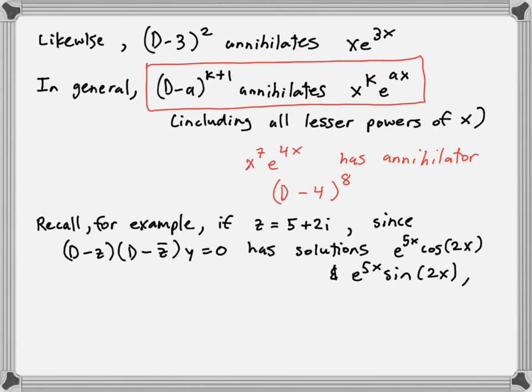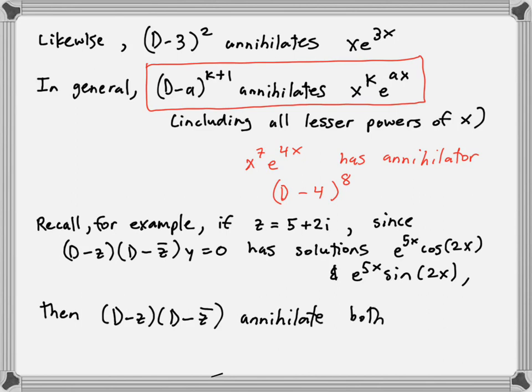Okay, since that's true, then we could say that d minus z times d minus z bar annihilates both e to the 5x cosine of 2x and e to the 5x sine of 2x.